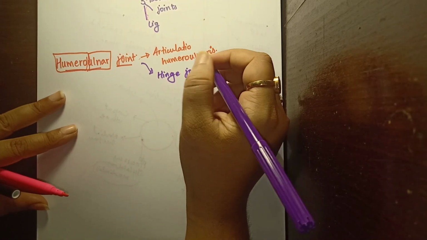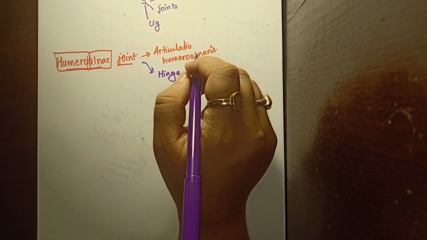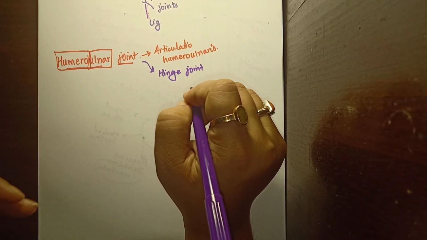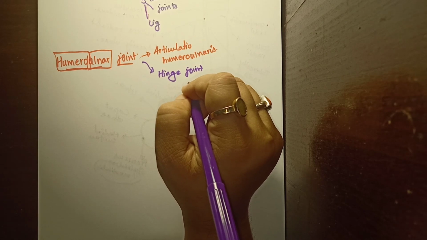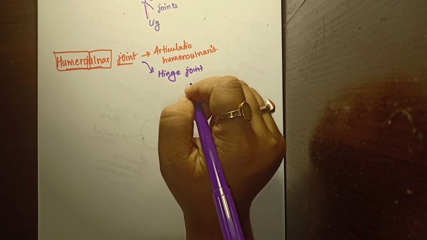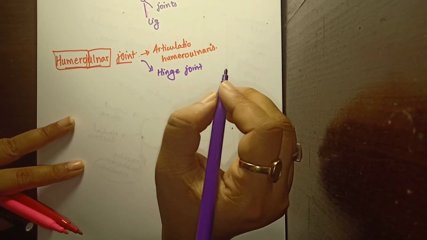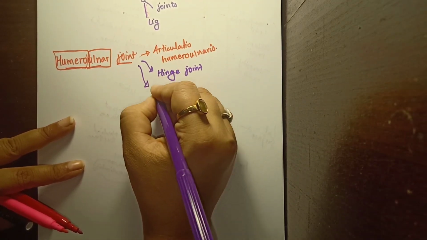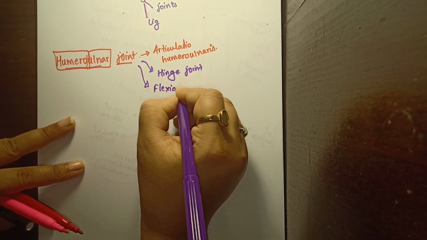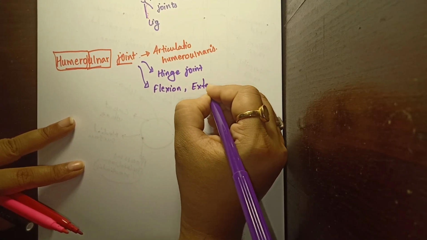It is a hinge joint, and it helps in flexion and extension. It has a single frontal movement axis.